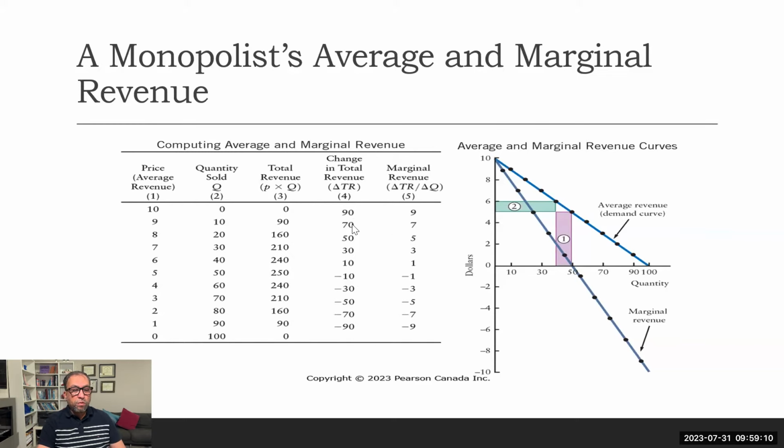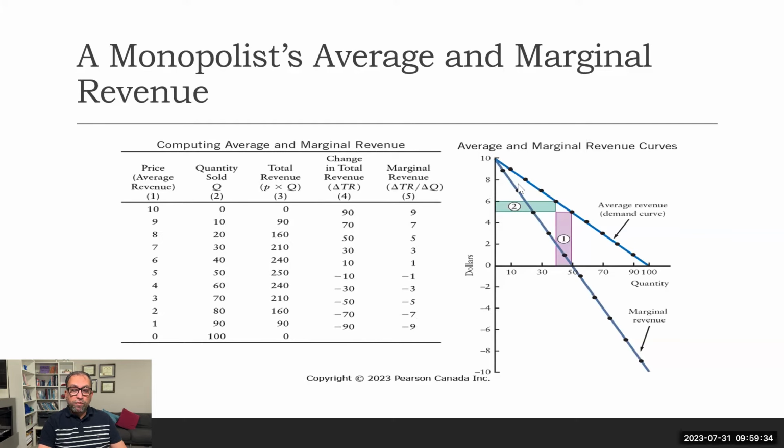If we divide by the change in quantity, the quantity is changing by 10 every time, from 0 to 10 and 10 to 20, so we divide by 10, and we get 9, 7, 5, 3, 1, minus 1, minus 3, minus 5, minus 7, minus 9. So it becomes negative.